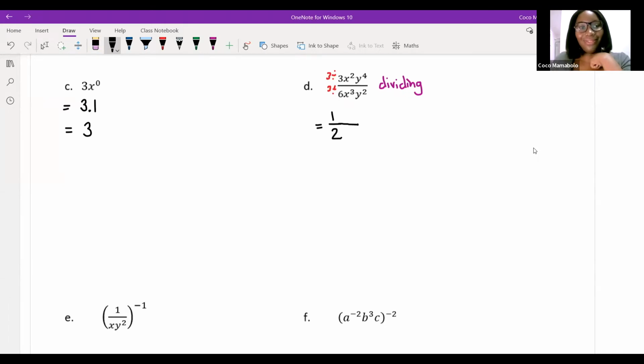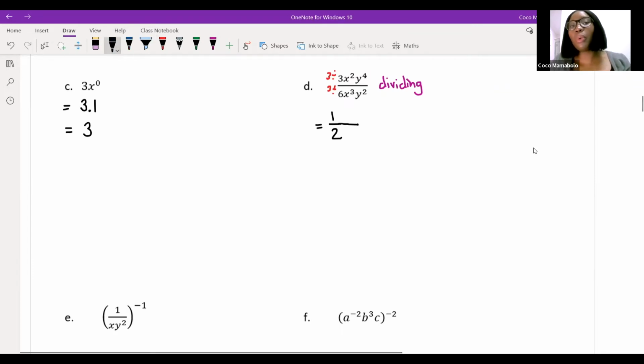Since we are dividing, the law of exponents says if you divide, we must subtract the exponents. So the answer there will be x. Okay, good. But is my x at the top or is it at the bottom? I think it should be at the top.